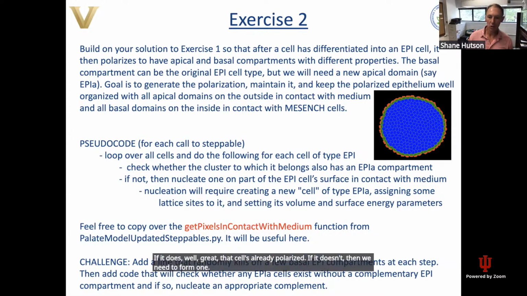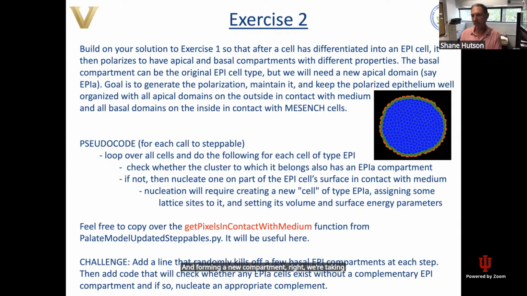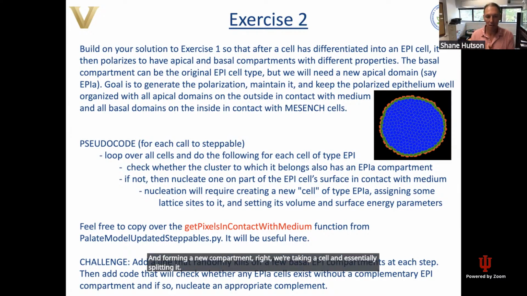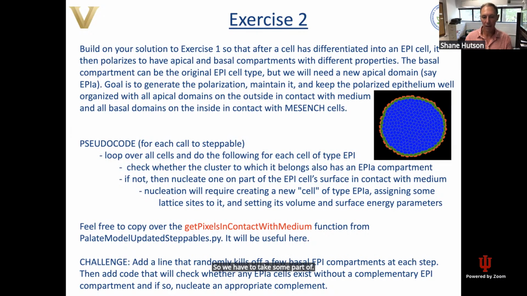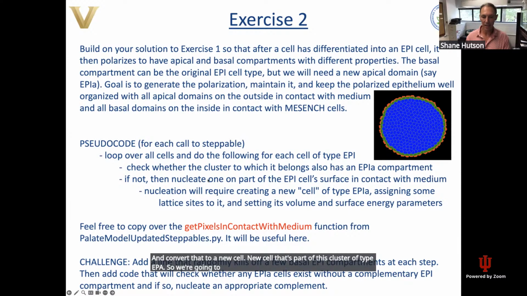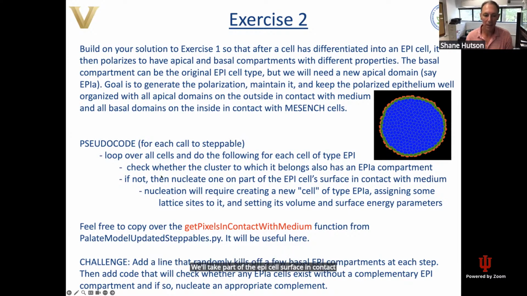And forming a new compartment, we're taking a cell and essentially splitting it. So we have to take some part of the existing epicell and convert that to a new cell that's part of this cluster of type epi-A. So we're going to do what I call nucleate it. We'll take part of the epicell surface in contact with the medium and create a new cell for that.